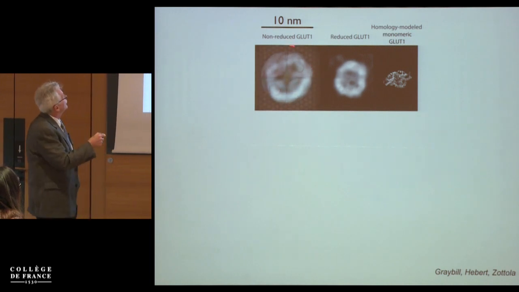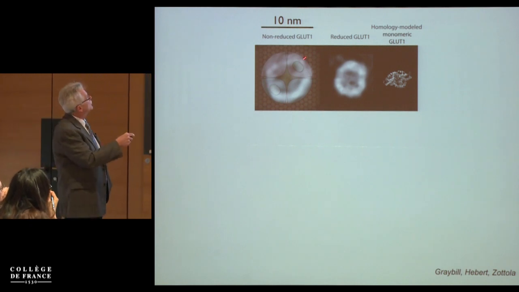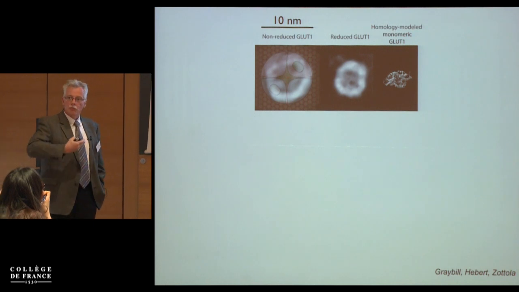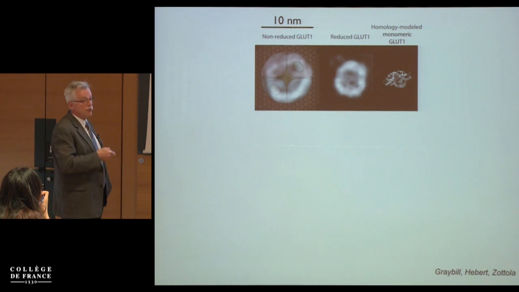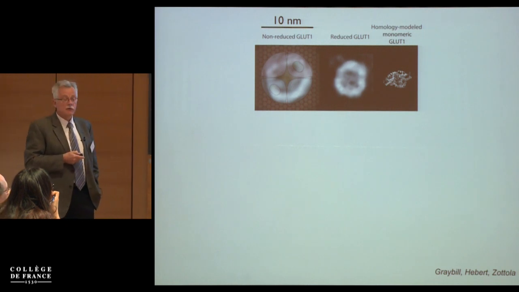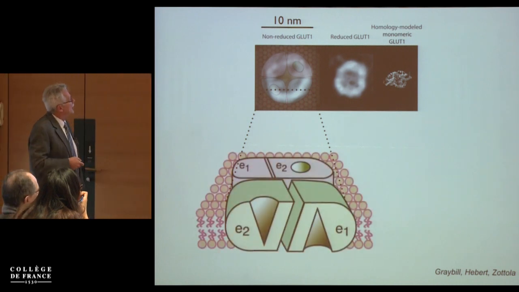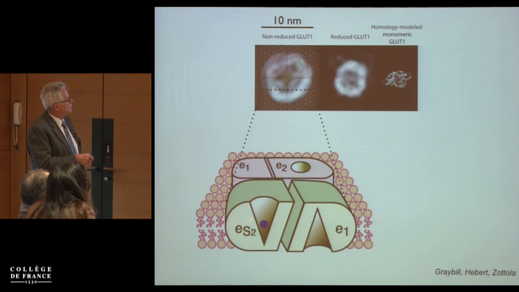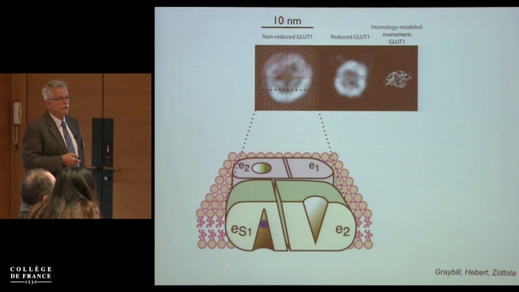Our studies tell us that this tetramer actually comprises 4 subunits in which if two present the E2 state, presenting a sugar binding site to the outside, the other 2 must be presenting sugar binding sites to the interior of the cell. So if we slice across the dimer, what happens is a sugar binds this E2, undergoes the E2 to E1 conformation, and this one undergoes the reverse conformational change.